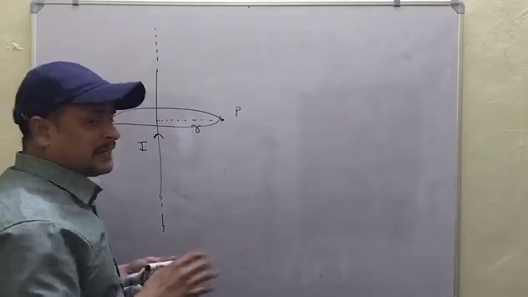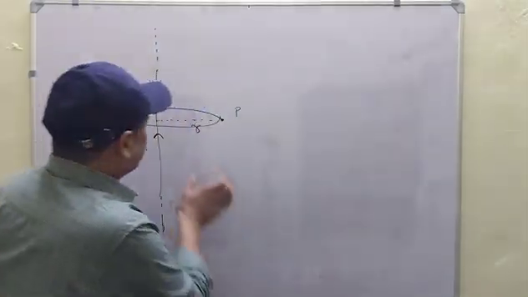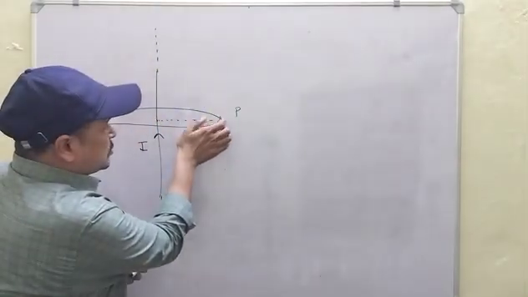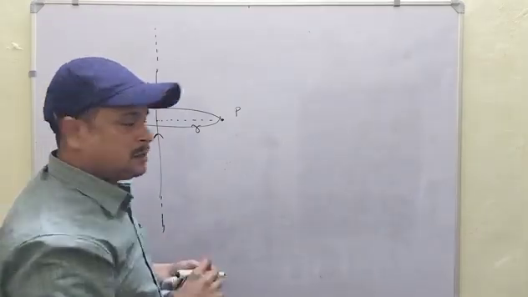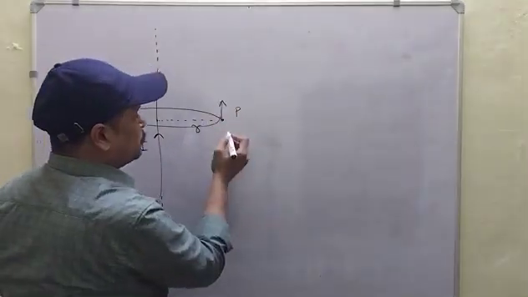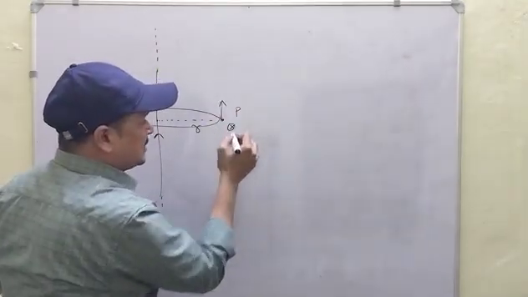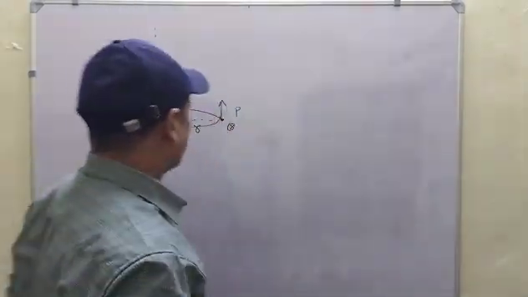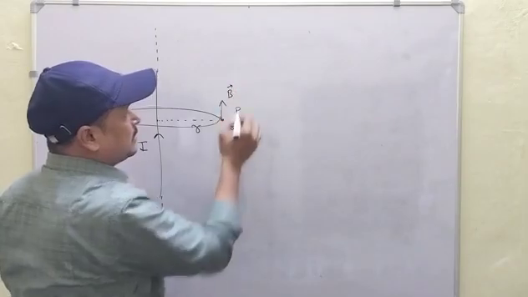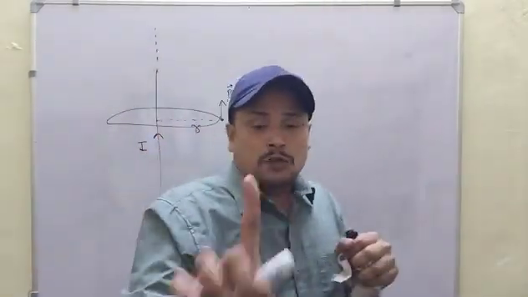According to the right hand thumb rule, the current is going up, so at this location the field will be along the curl of the fingers, meaning inward. We represent inward using a cross.